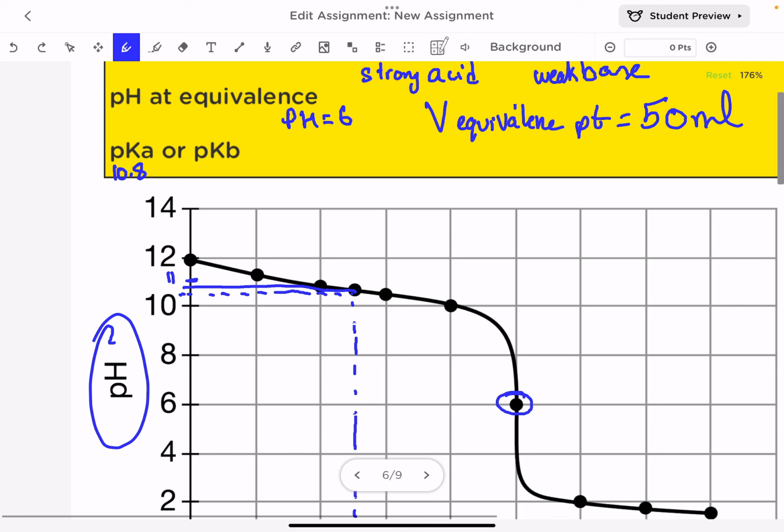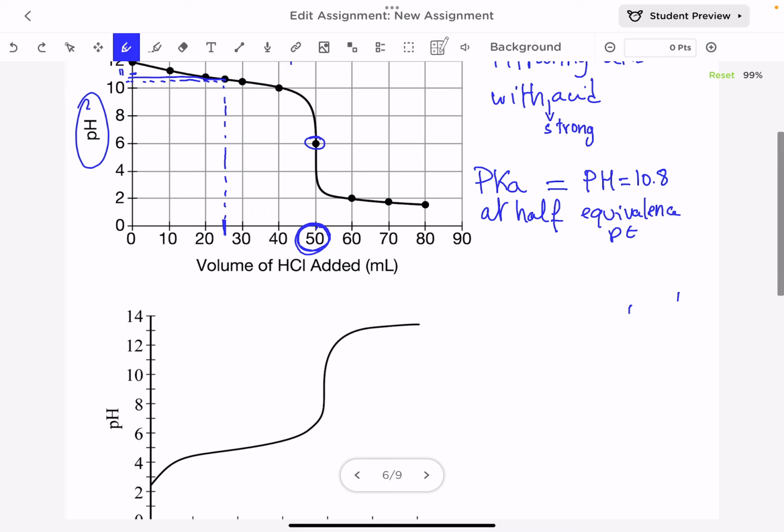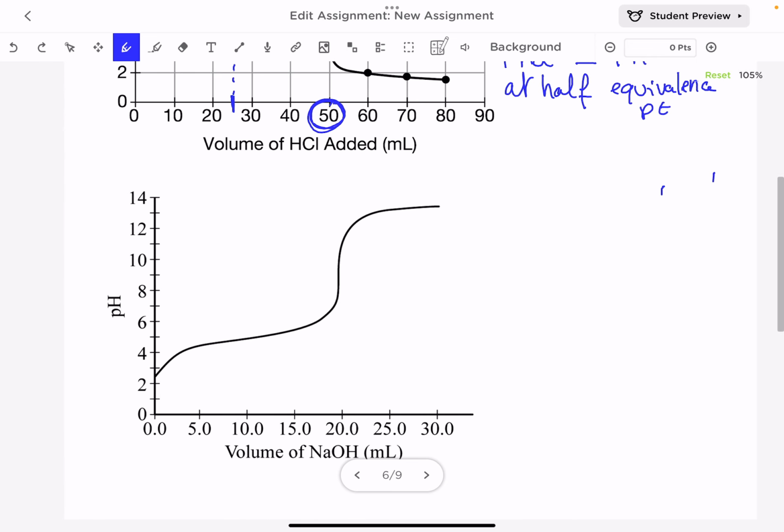How do I calculate the pKb? Note that pKa plus pKb is always equal to 14. So to calculate the pKb, you say 14 minus the pKa that you just found, and that is equal to 3.2.